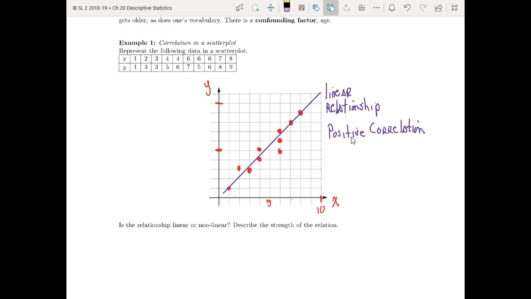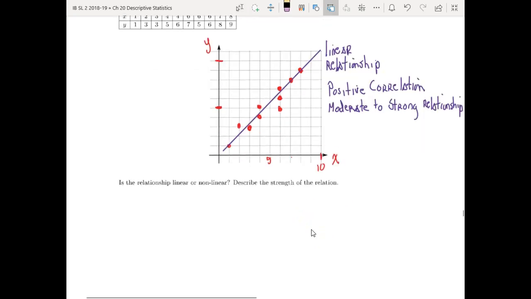Yeah, probably moderate to strong. So linear, and the strength we'd probably say is moderate to strong.